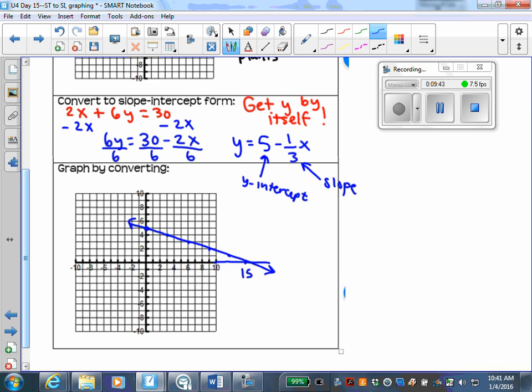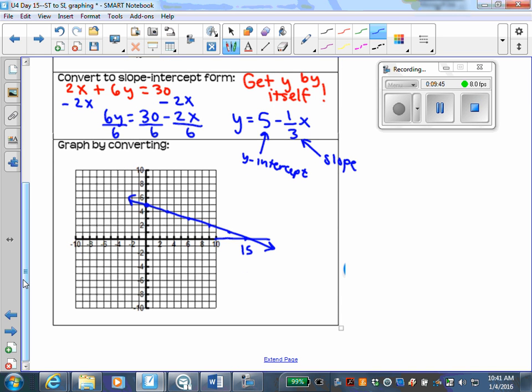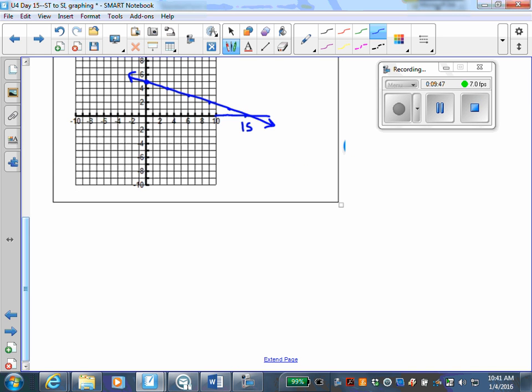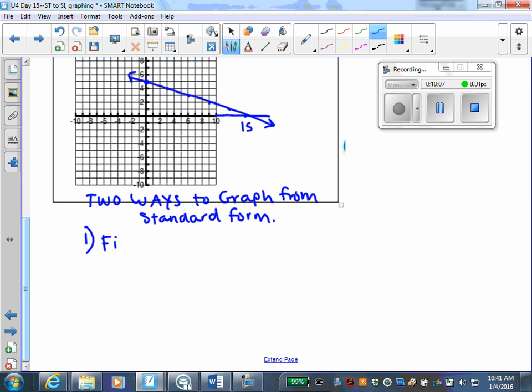So at the bottom of your page, hopefully you have a tiny bit of room to write this. We know 2 ways to graph from standard form. The first way is to find the x and y intercepts.